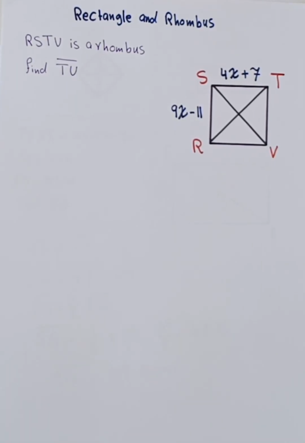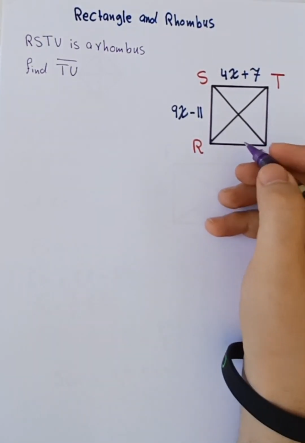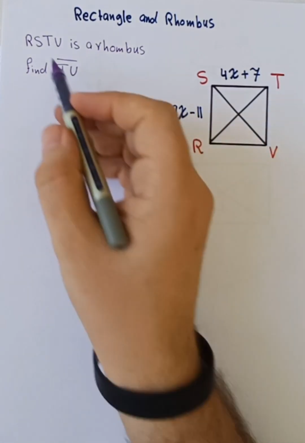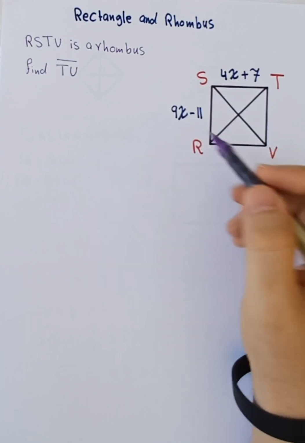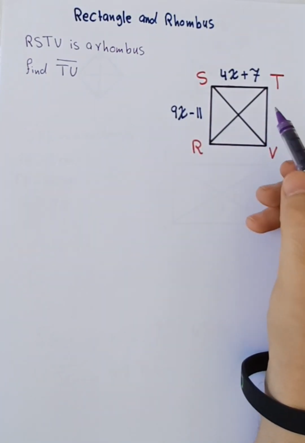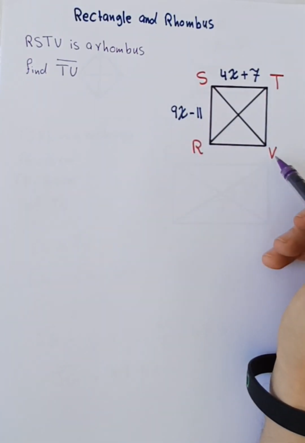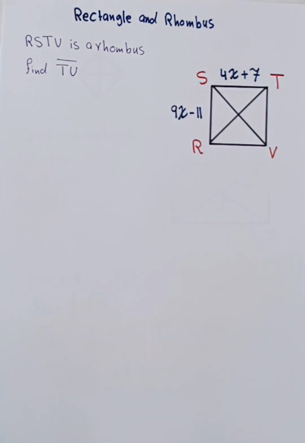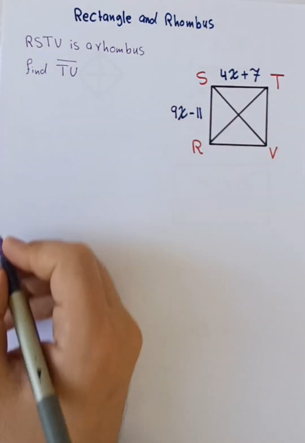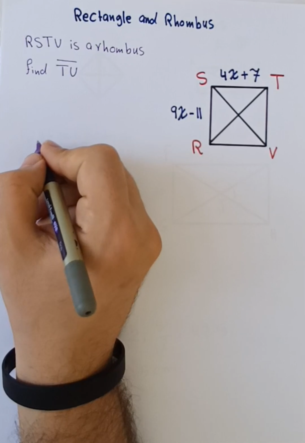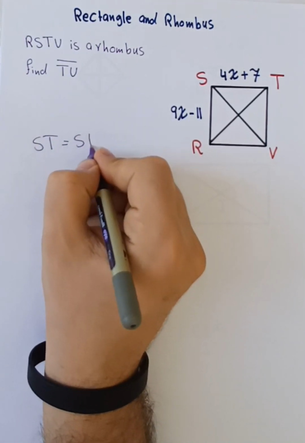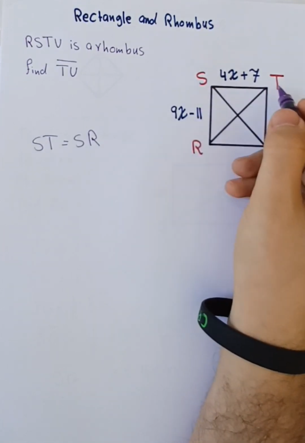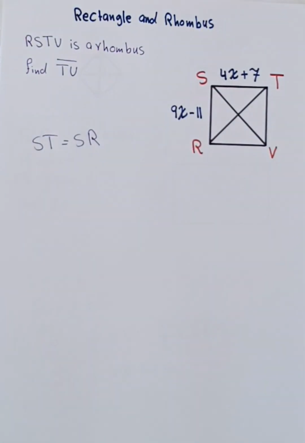After that, you have this figure, and you have some information about this figure. RSTV is a rhombus. You have to find the value of TV. So the length of ST equal to the length of SR, because in a rhombus all sides are congruent.